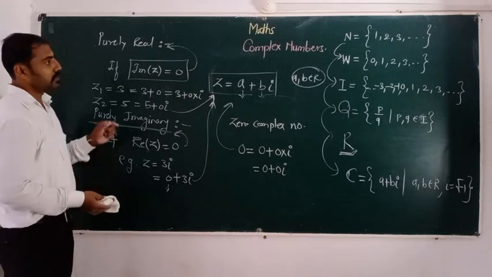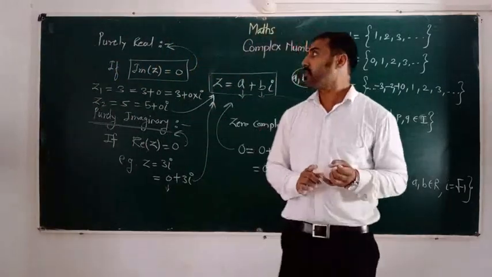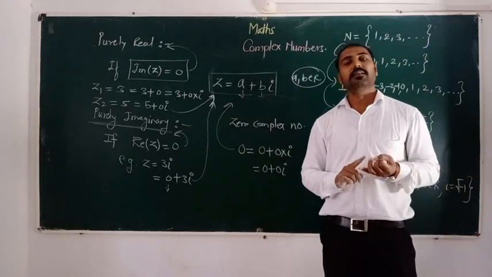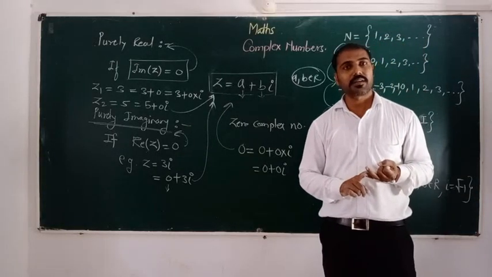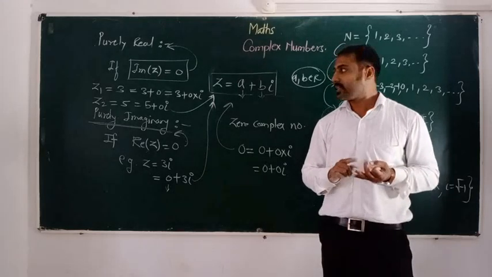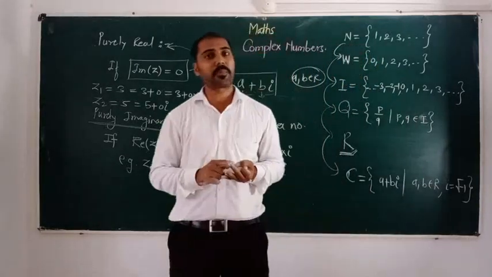Okay. So in this video we learned about the imaginary unit, that is iota. Then imaginary number, that is the number which is in the form of ki. Then complex number, the number which is in the form of a plus bi.